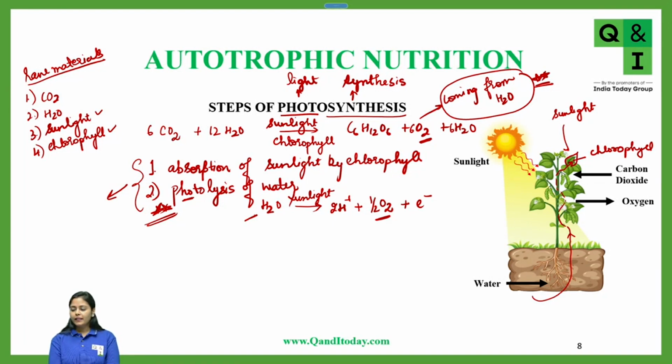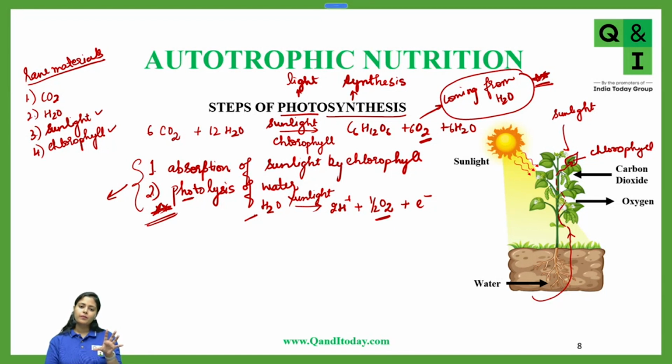Now, what is happening? These two reactions, first sunlight being absorbed by the chlorophyll and second, photolysis of water taking place, are dependent on light. Got it or not? These two reactions are dependent on light.